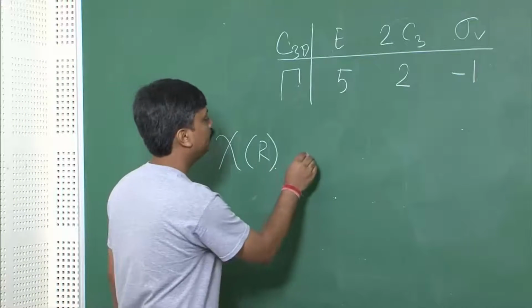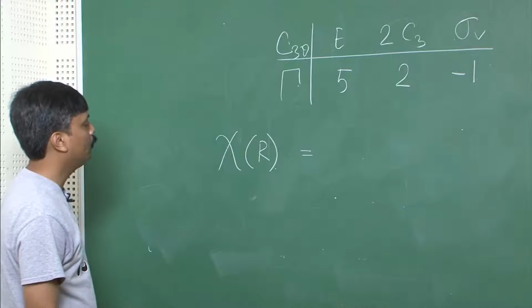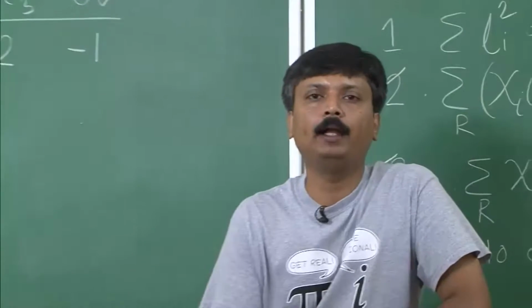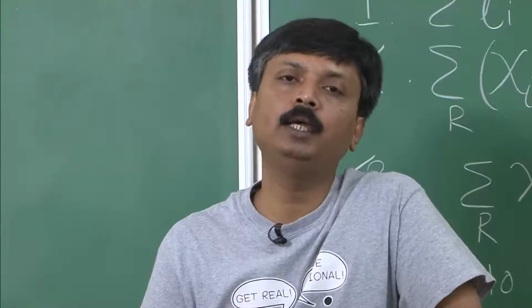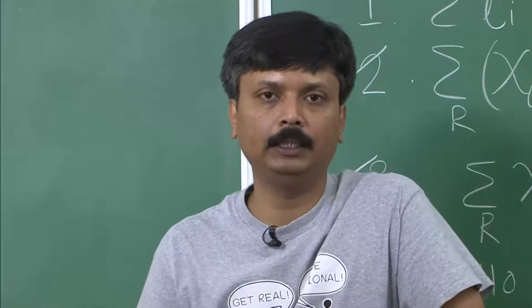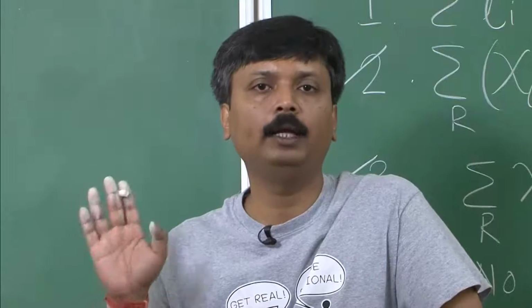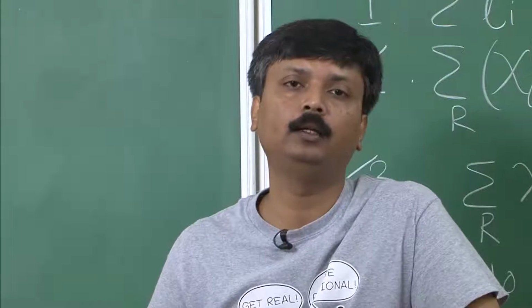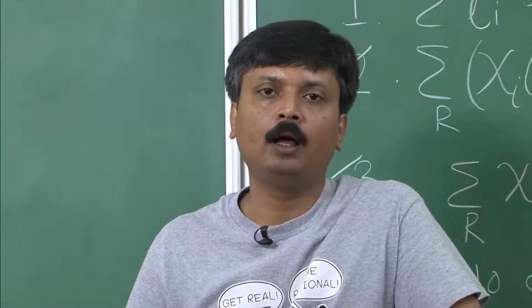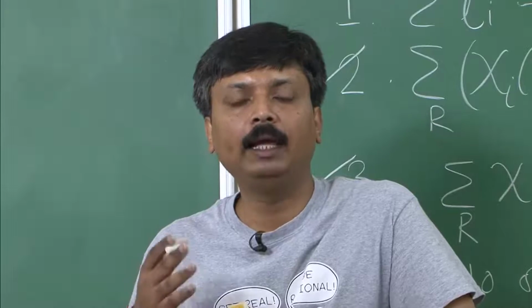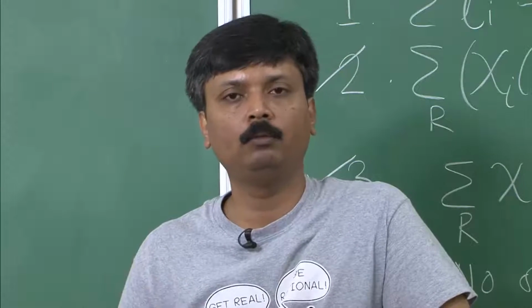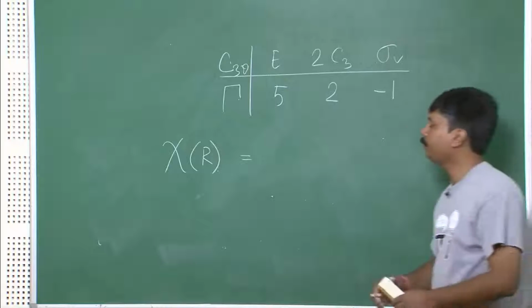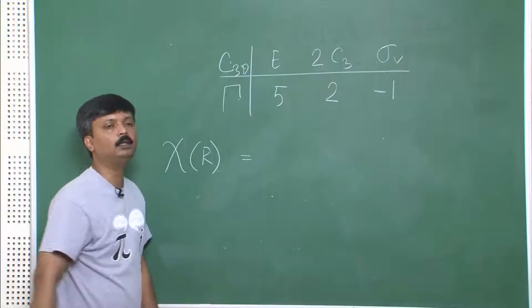I can reduce this representation, and ultimately it will give me those irreducible representations that are possible for C3v, like what we got: A1, A2 and E. Depending on what type of basis function I chose at the beginning and the size of the representation, I may have a situation where there will be n1 number of A1, n2 number of A2, n3 number of E irreducible representations present if I reduce this large representation.